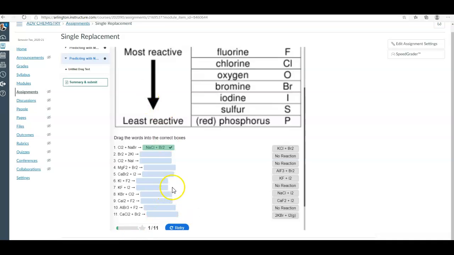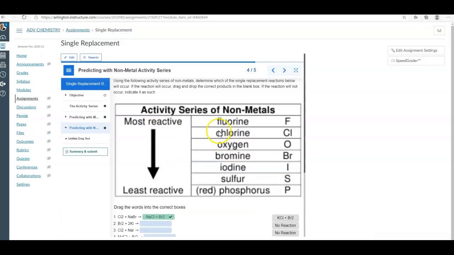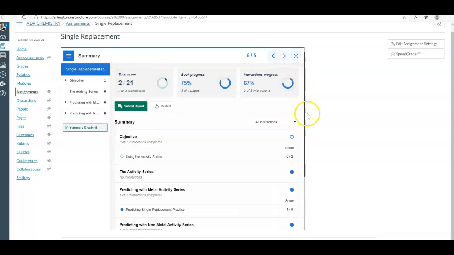So that's all I want you to do here, just to check which one is more active and which one is least. And then use it to complete that.